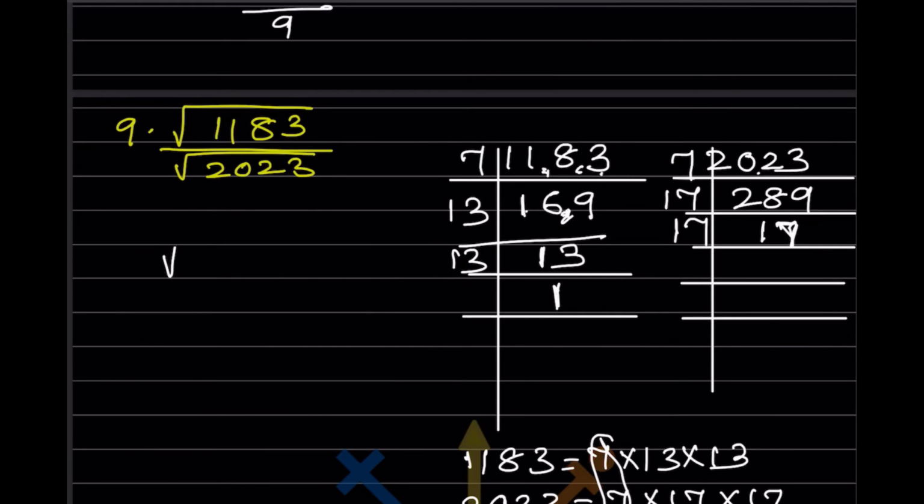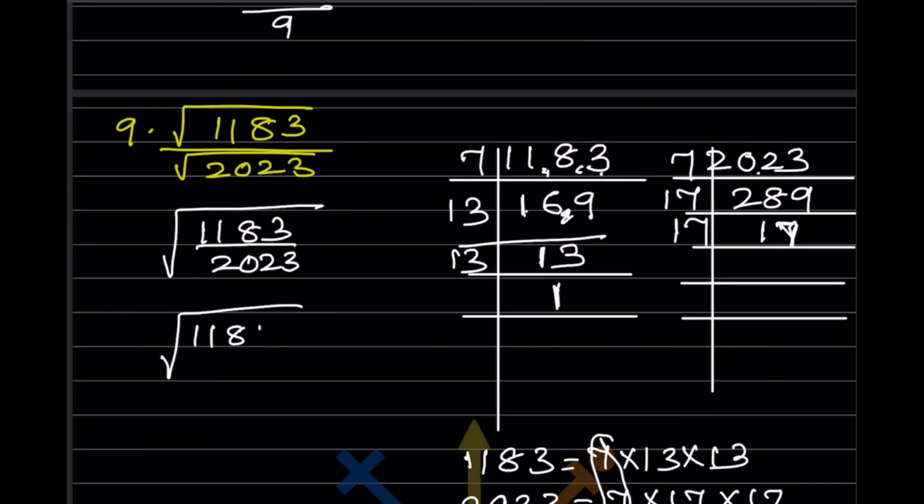So we can write this one as 1183 divided by 2023. We'll take a common root. So now this should be divided by 7, and this also should be divided by 7. So now what do you get after dividing by 7?